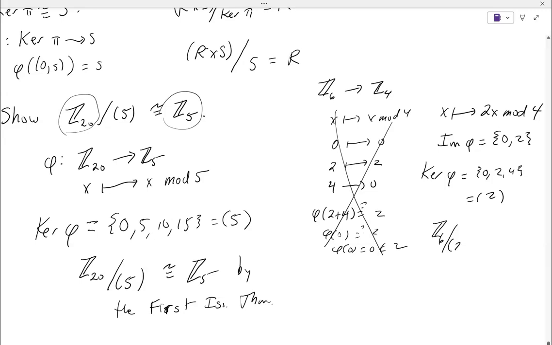So again, by the first isomorphism theorem, if I take Z mod 6 and mod out by the ideal generated by 2, I get something that's isomorphic to the ideal generated by 2 in Z4. Notice those are two different 2's, by the way.